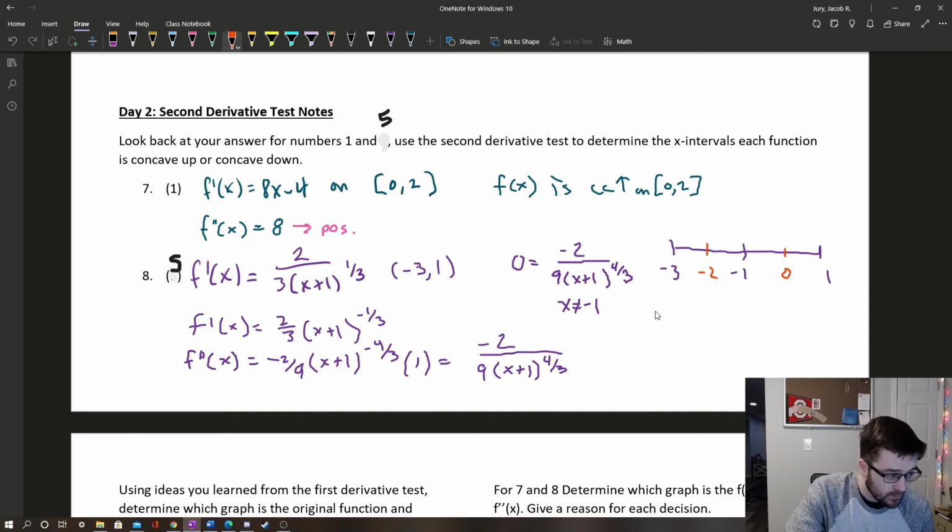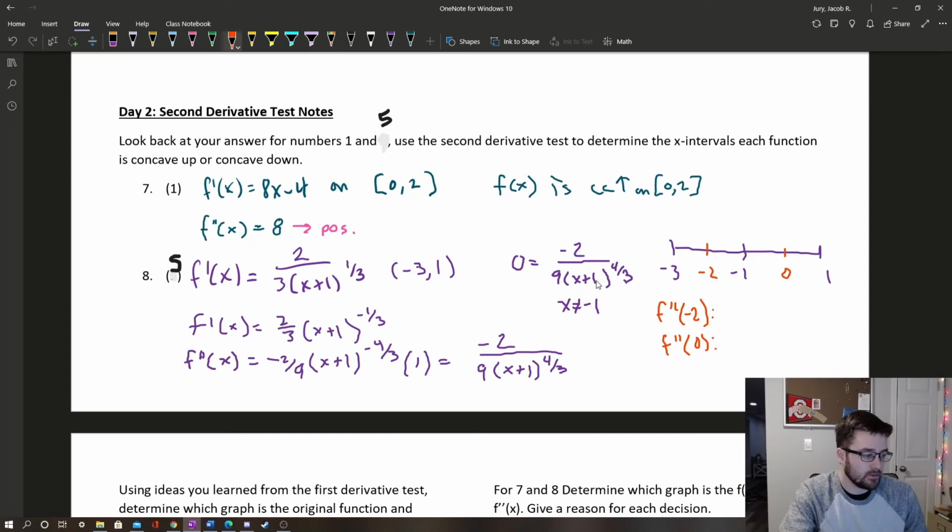So let's see, f double prime of -2, what's that going to be? And what's f double prime of 0? It should be easy for 0. Let's see, we've got 1 to the 4/3, which is just 1, so 9, so -2/9.